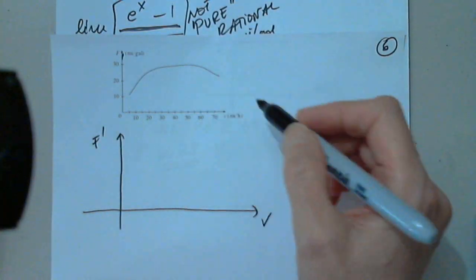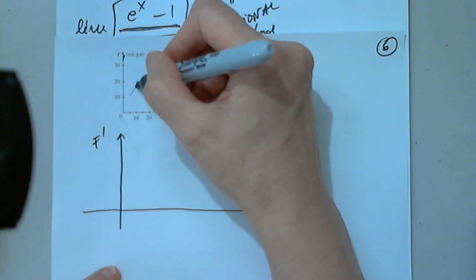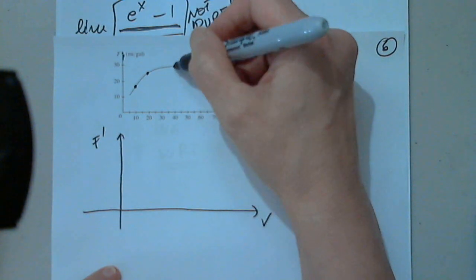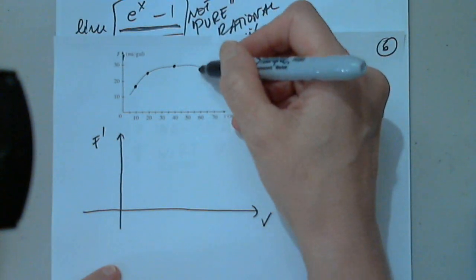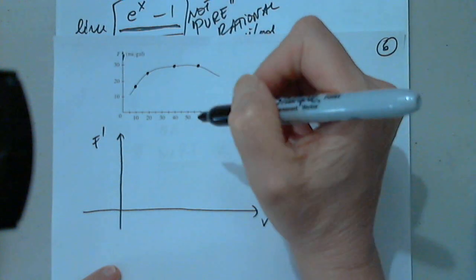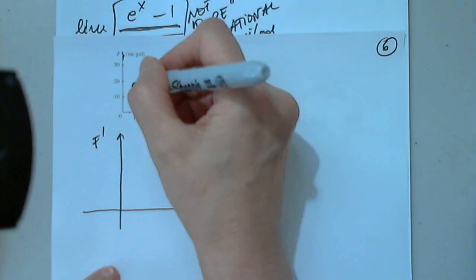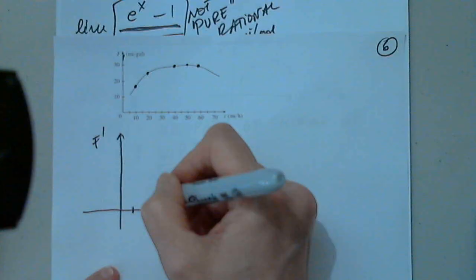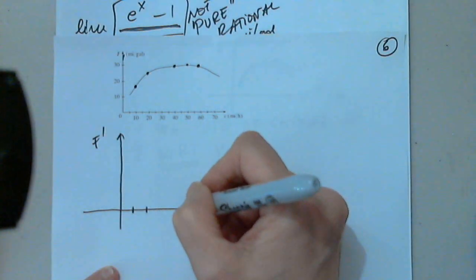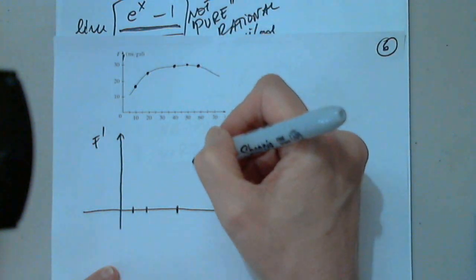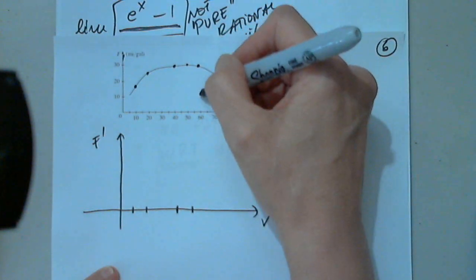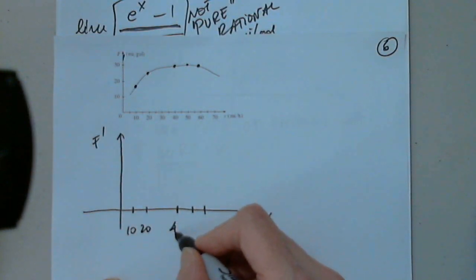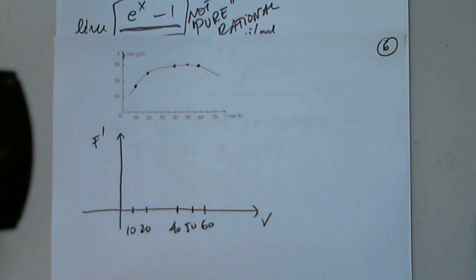I'm going to select a few points, for example, for 10 miles an hour, for 20 miles an hour, let's say for 40 miles an hour, for 60 miles an hour, maybe even for 50. I'm making sure that I put these points right under the 40 on the other graph, and so on. So this is 10, 20, 40, 50, and 60.